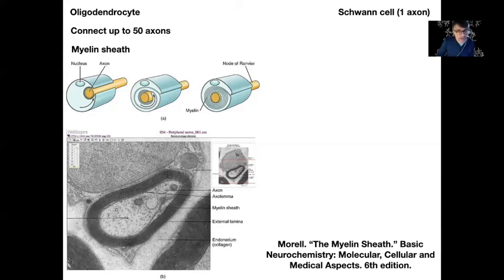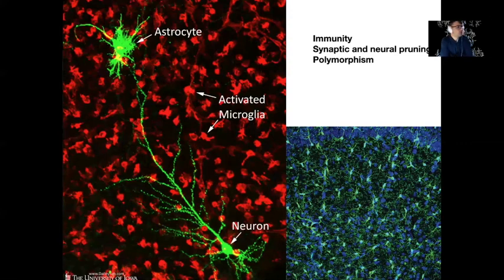Another glial cell that you also need to know about, and that is probably the most fascinating one, is microglia. You can see the microglia here in red, right next to an astrocyte in green and another neuron in green.